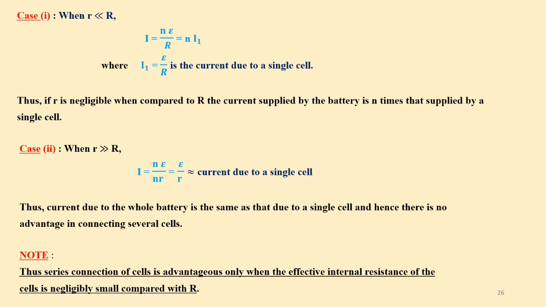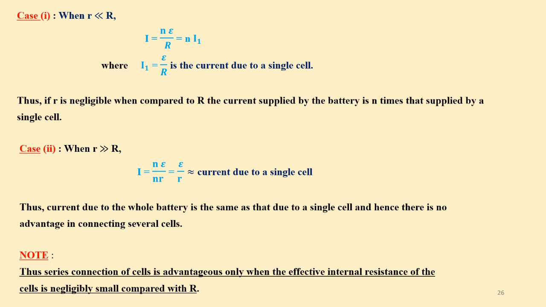So N can be cancelled and I is equal to E by small r, that is nearly equal to the current due to a single cell. Thus, current due to the whole battery is the same as that due to a single cell, and hence there is no advantage in connecting several cells.